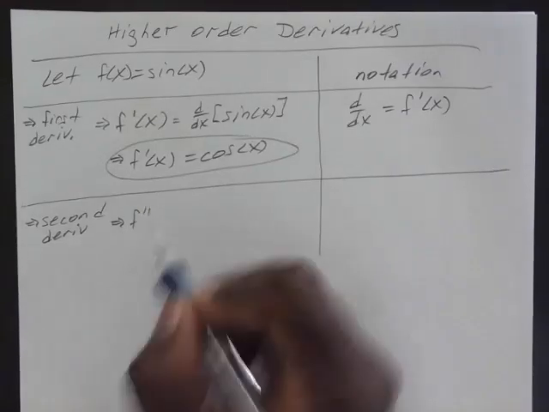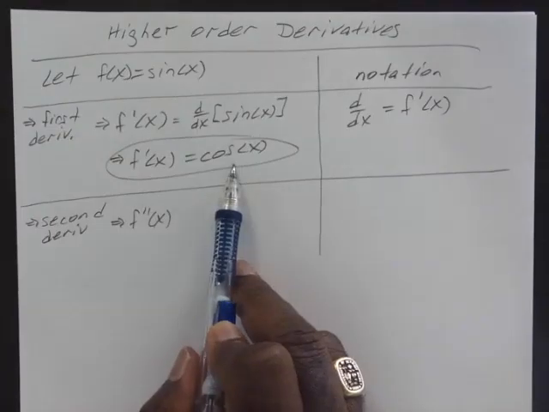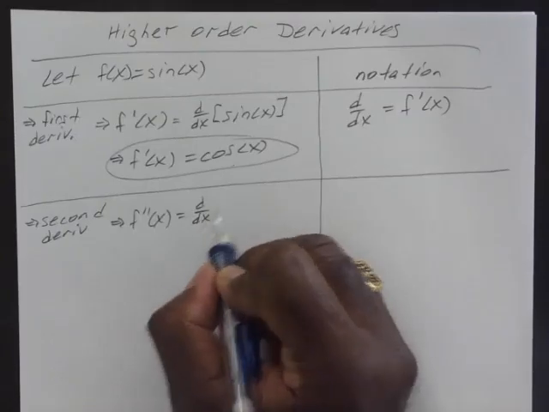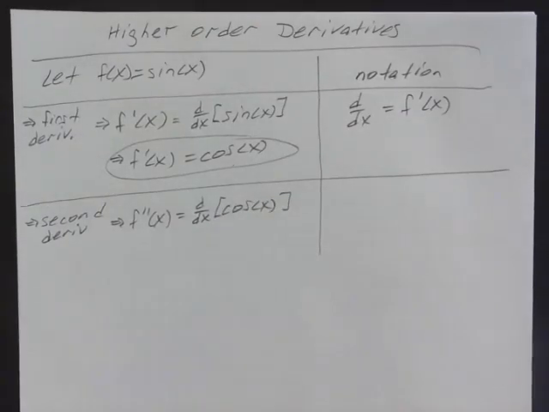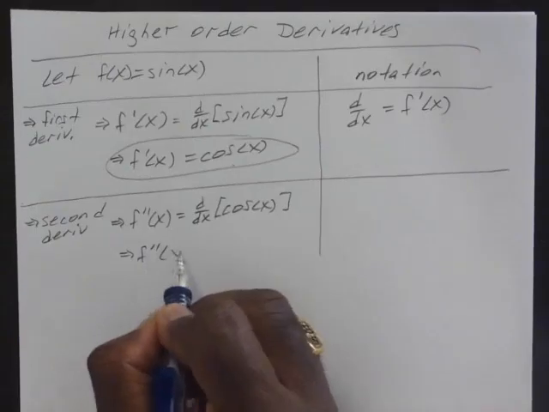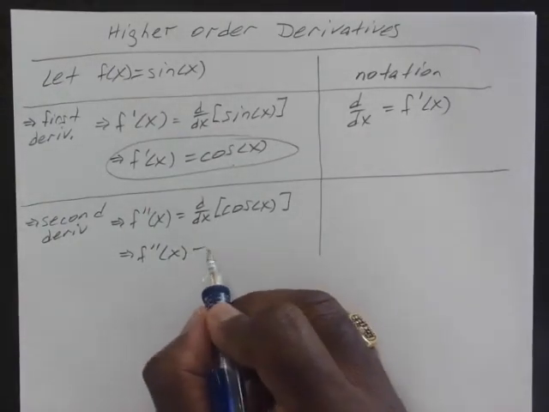Well, the second derivative is just the derivative of the first derivative. So that's just the derivative of cosine of x. So we know the second derivative of sine of x is equal to negative sine of x.